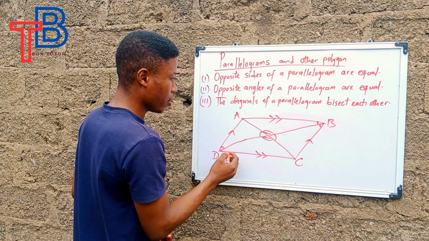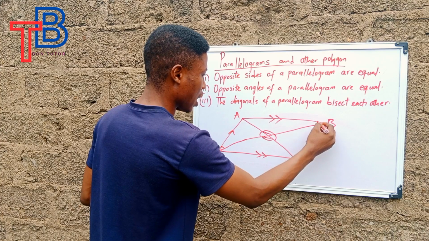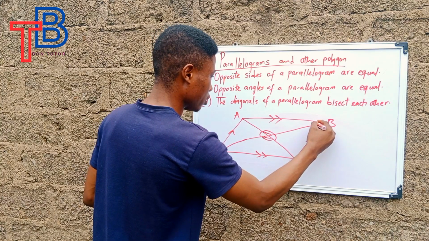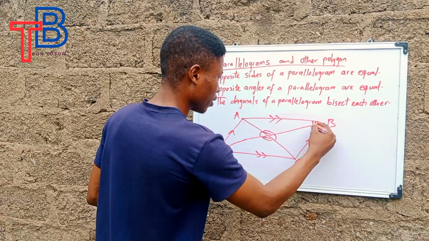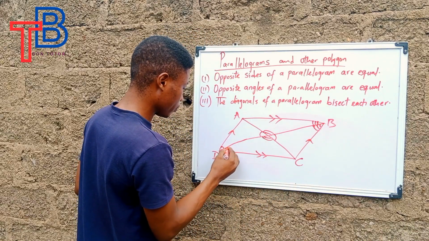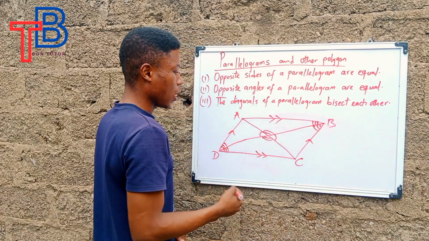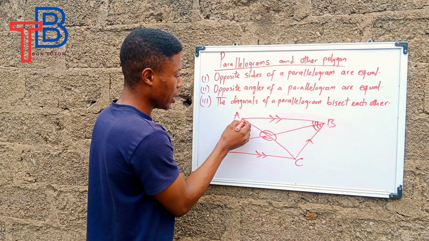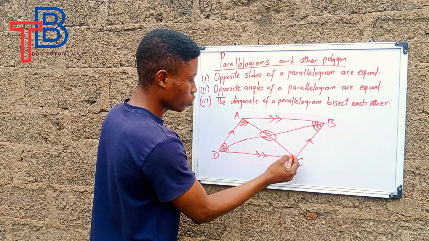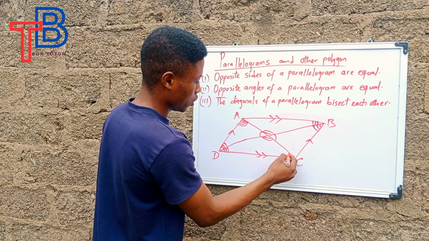Therefore, the angle here will also be equal to the angle here. The angles here will be equal to the angles here. And also, the angle that will be here will be equal to the angle that will be here.